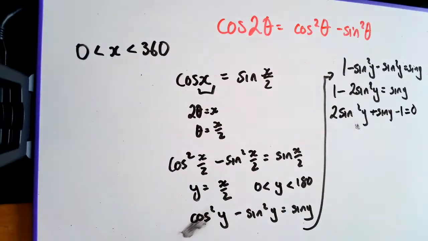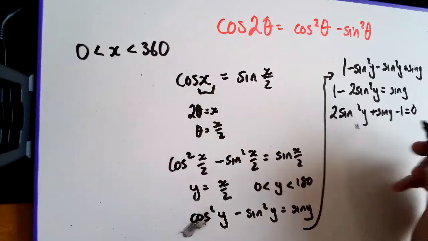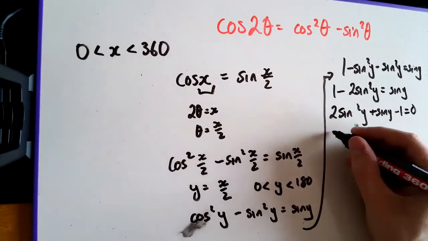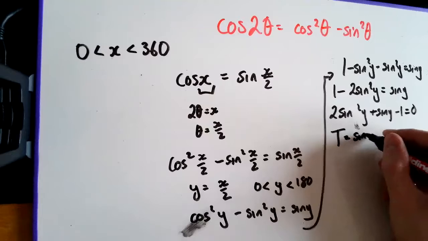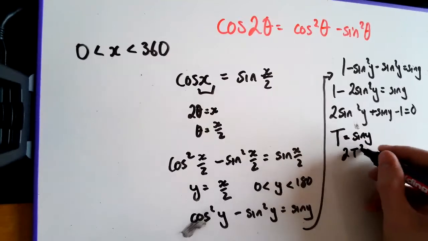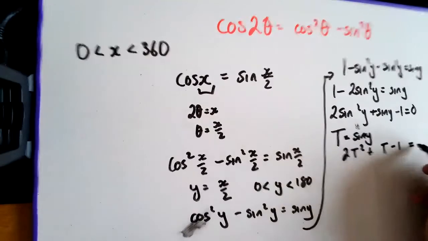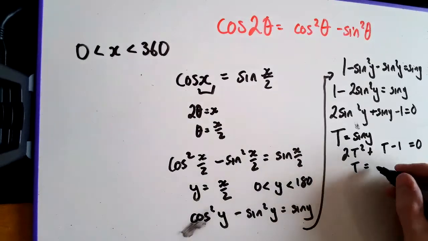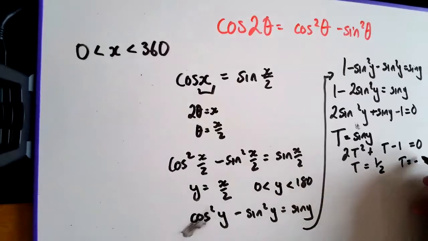Oh, sorry, that's a quadratic in disguise. Look, let's use t. If I say t is sine y, then I get 2t squared plus t minus 1 equals 0. It's a quadratic. So t equals a half, and t equals minus 1.